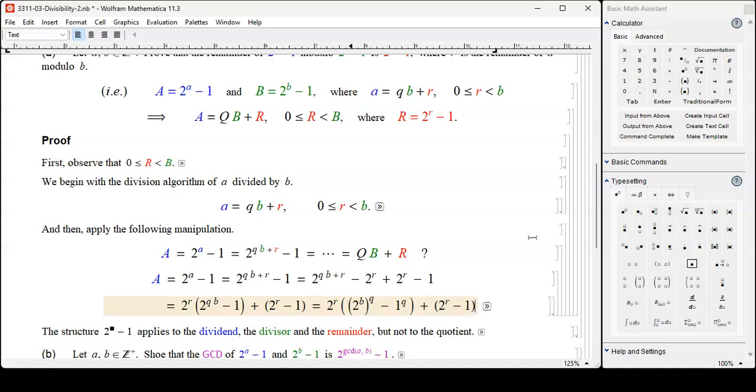2 to the QB power, you can rewrite it as 2 to the B power to the Q power, and then 1 as 1 to the Q power. Consequently, what do you get? X to the Q power minus Y to the Q power form, and that can be factored. This one here is capital R, no problem. It's all set.